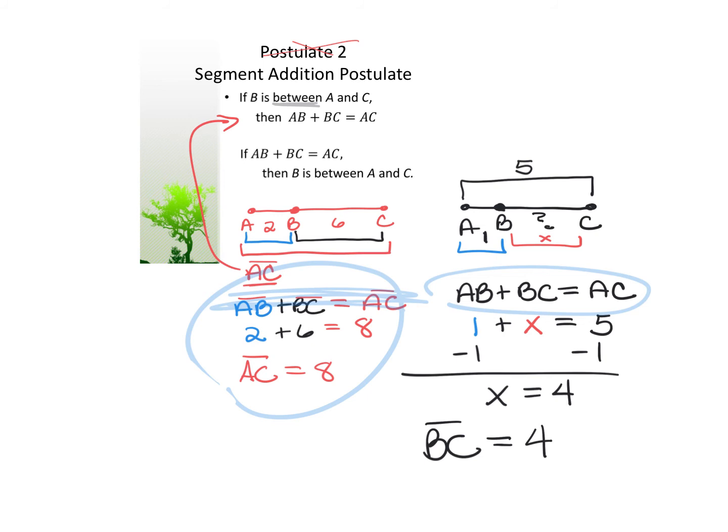Instead of having to write out segment addition postulate in my proof, I abbreviate this as SAP. It's totally up to you if you want to abbreviate it. I just took the first letter of segment, first letter of addition, and the first letter of postulate, and I call this SAP. This is my segment addition postulate.